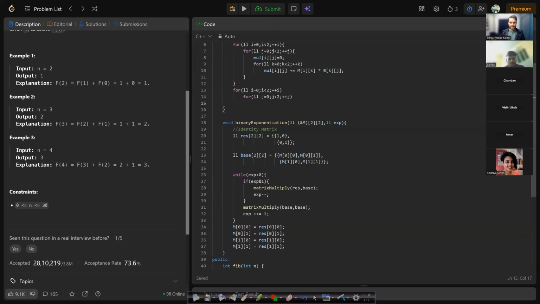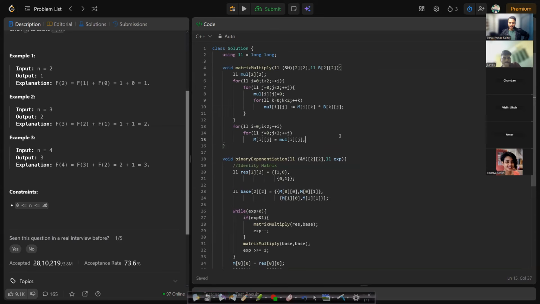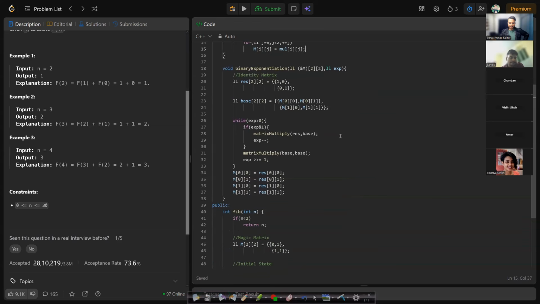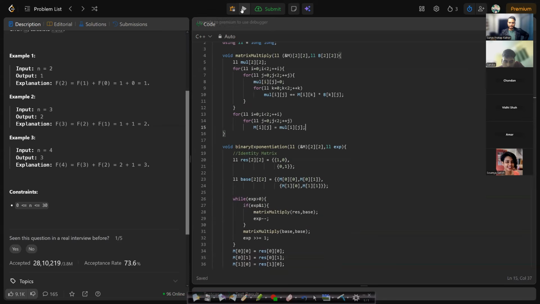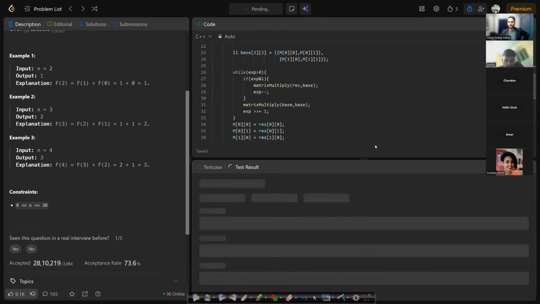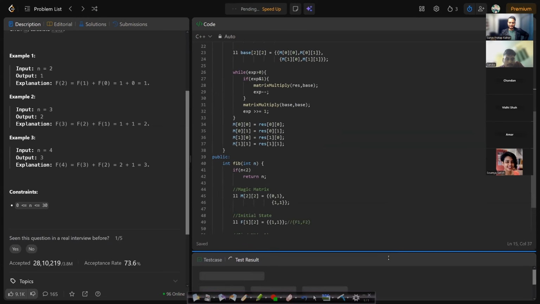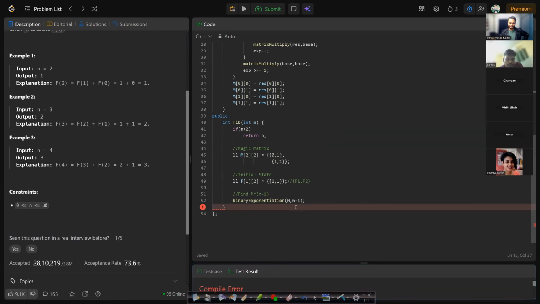Then M at ij is multiplication at ij. Seems correct only, right? We didn't have to return the value. Yeah, we didn't return the value.